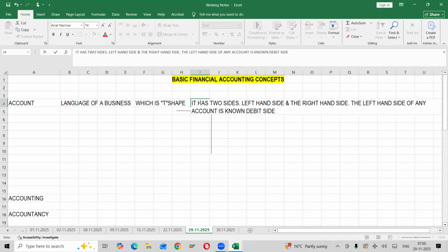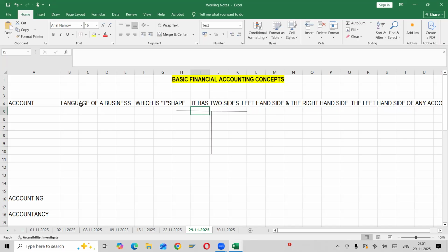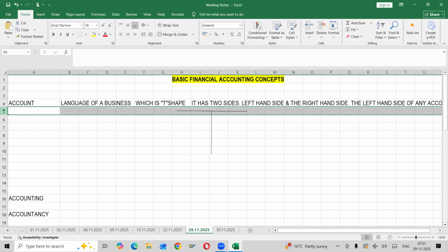What do you mean by debit? The left hand side of any account, don't go with the rules, is known as a debit. And the right hand side of any account is known as credit. Hope you understood now.